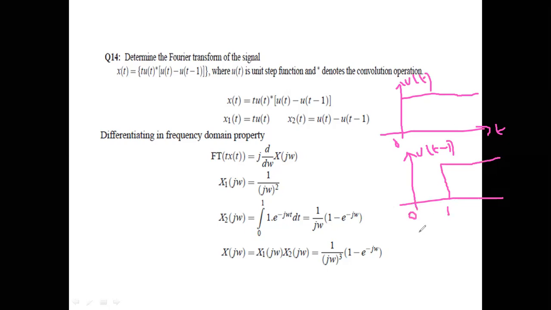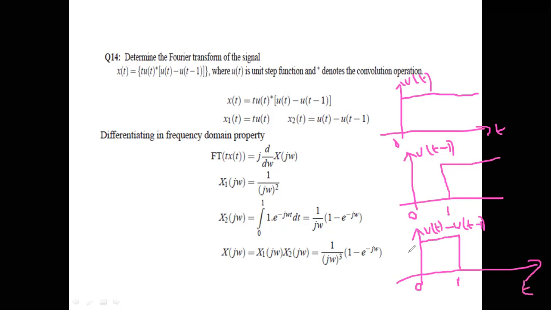Now you can subtract these two functions. Mu of t minus mu of t minus 1 is 0 before 0, 1 minus 0 is 1 from 0 to 1, and from 1 to infinity both are 1s, so the value is 0. We have only magnitude 1 between 0 and 1.